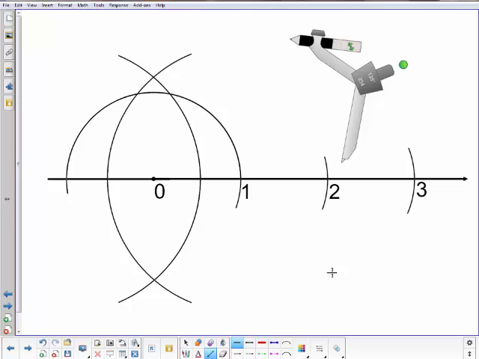To complete the perpendicular bisector, I join the 2 points formed where the 2 arcs intersect, and I now have my perpendicular line segment through point 0.